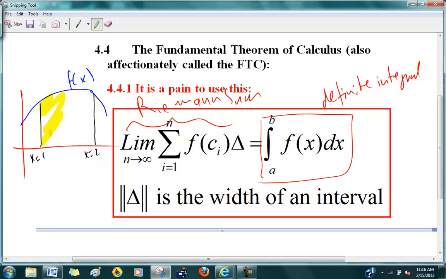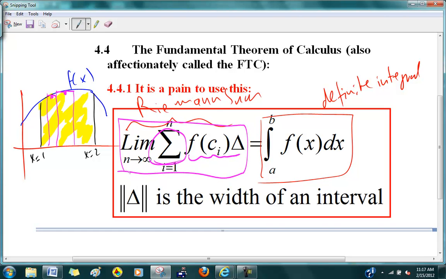What the Riemann sum was doing was creating a whole bunch of little rectangles, not necessarily of equal width, finding the areas and adding them up. That's what this summation does; it adds the areas of the rectangles. This would be the area of an individual rectangle. So clearly this is a painful process, as opposed to using this integration technique, and that's what we're going to be learning about in section 4.4.